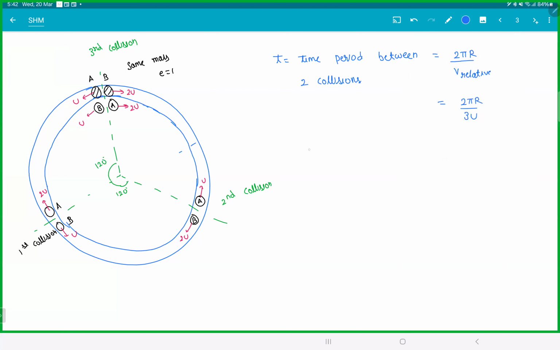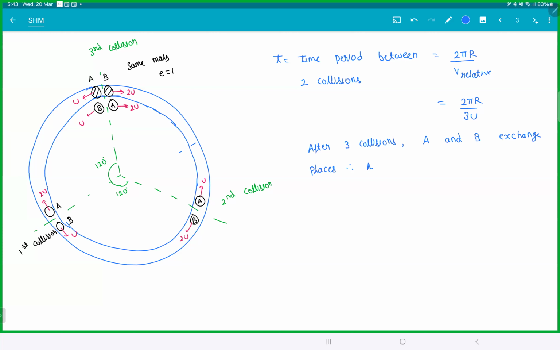Are you getting this? After 3 collisions, A and B will exchange places at the topmost point. So that is not periodic motion. Periodic motion means everything should repeat the same way. They should be at the same position, with the same velocity, in the same orientation. Everything should look the same. Exchanging places does not count.